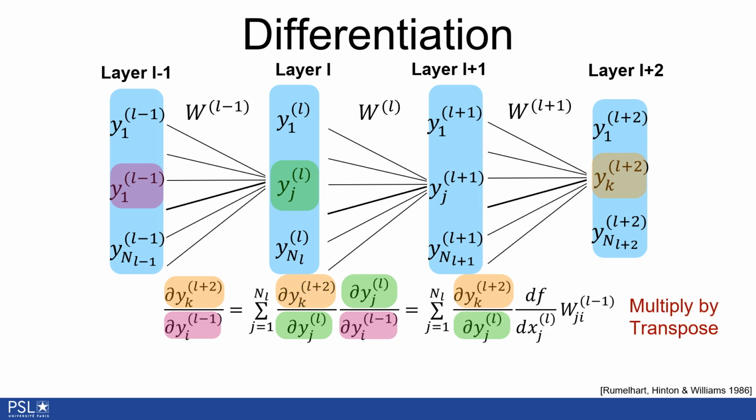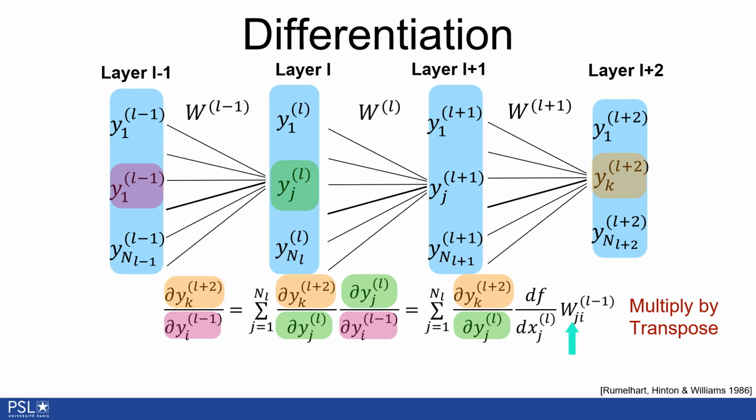This second term is simply the differential of the activity of neuron J in layer L with respect to its input I in layer L-1. Using the expression of the differential for individual neurons that we wrote a couple of slides back, the second term is simply the slope of the nonlinear function for the neuron J in layer L multiplied by synaptic weights.